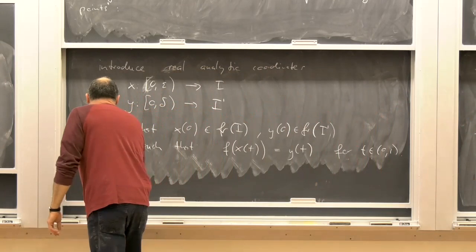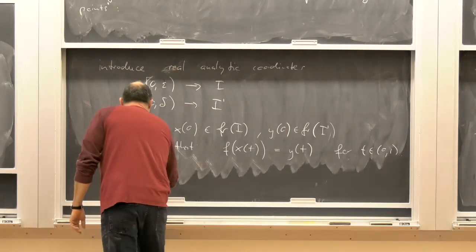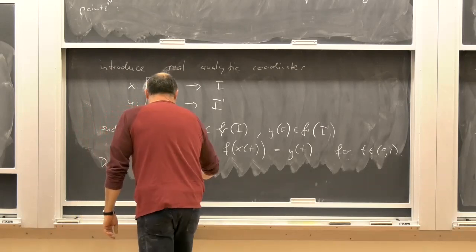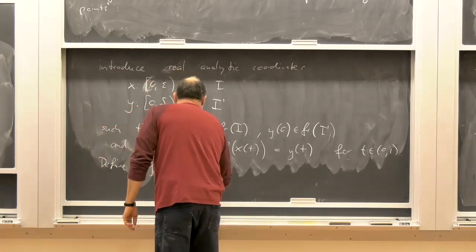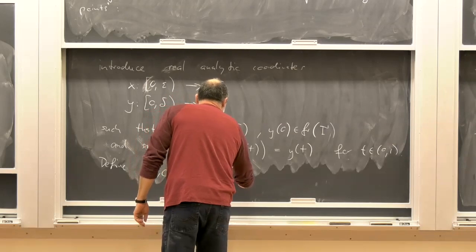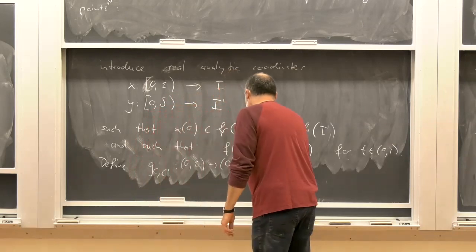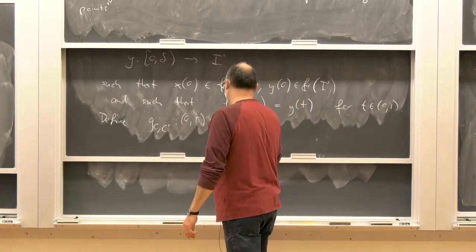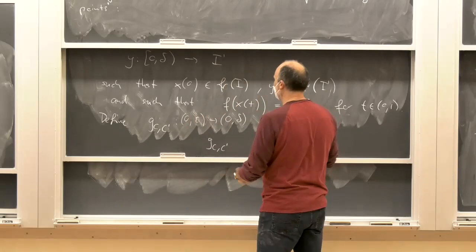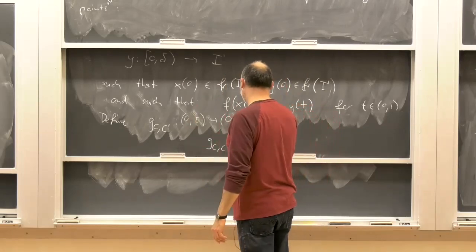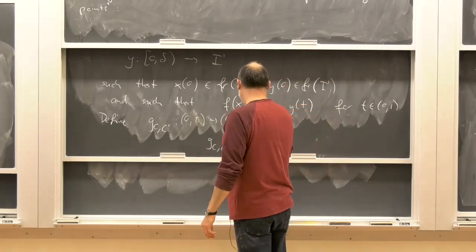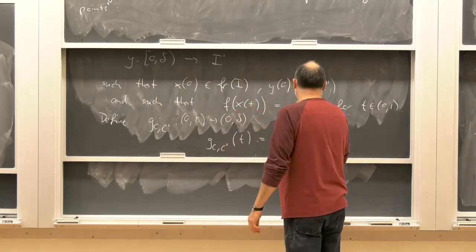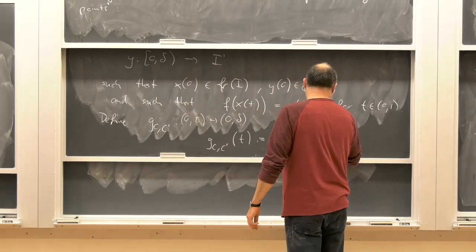So I'm looking at the germ of this function now, G sub C C prime, where G sub C C prime is the function that's pulled back via these coordinates from F. So G of t is equal to y inverse of F of X of t.